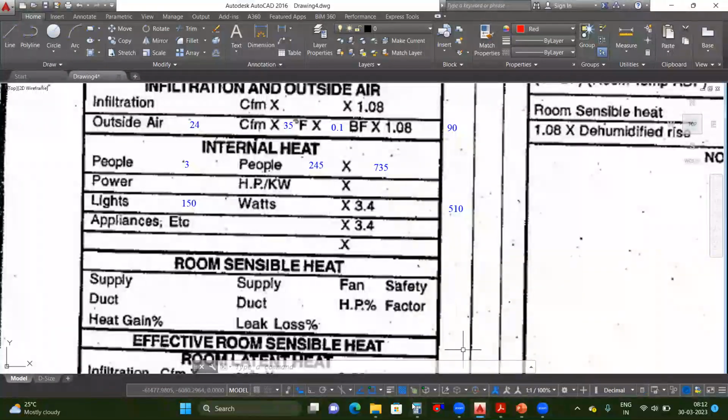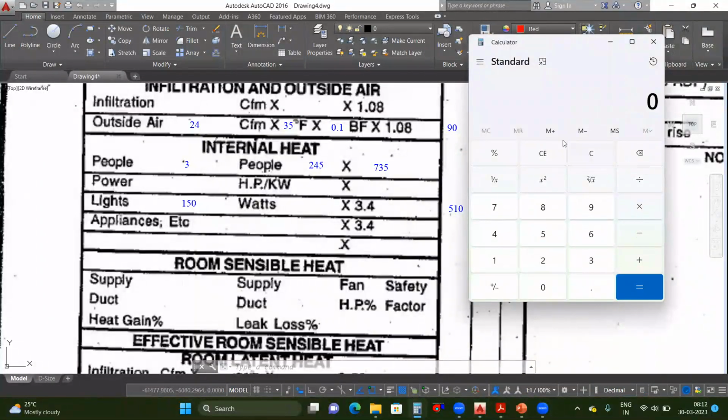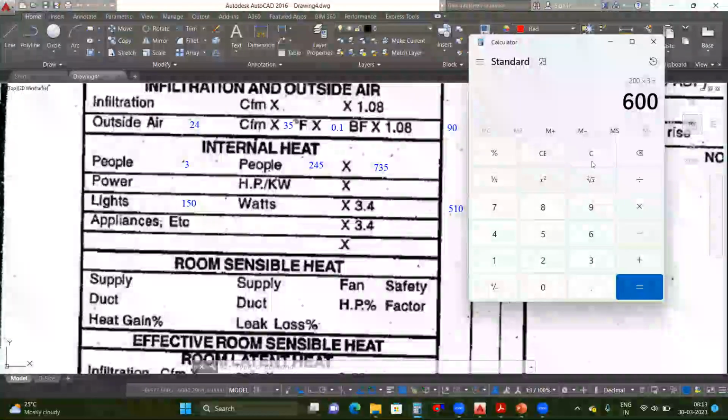If the three members are using three systems, one system is approximately 0.2 kilowatt, or 200 watts. So 200 times 3 is 600 watts, plus one printer, which is also 200 watts. So it will be around 800 watts, and I'll take this 800 watts.